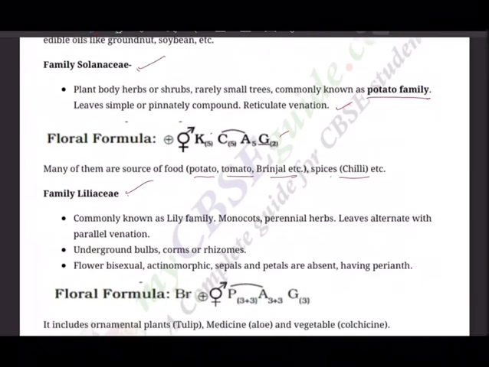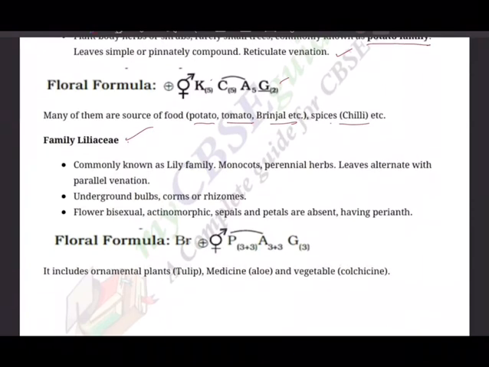And talking about the Liliaceae, commonly known as lily family, monocots, perennial herbs, leaves alternate with parallel venation, underground bulbs, corms and rhizomes. Flower, of course, you can see here once we put 0 with arrow mark and flower plus down, that's bisexual.